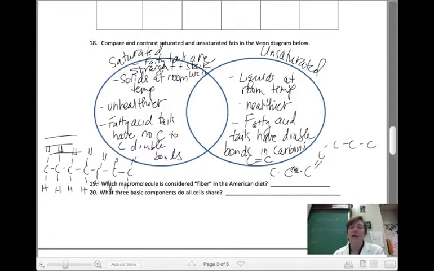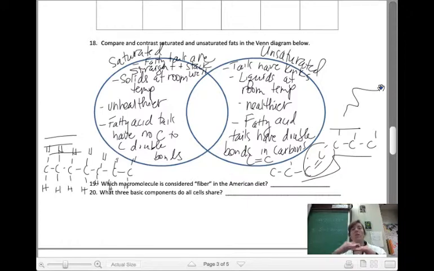And there would be hydrogens off of the ones that don't have the double bond, but that means that the tails do not lie flat. So tails have kinks. And they don't lie flat, and that means I can't really stack them very well because they have these weird shapes. And that means that they don't get compacted into your arterial walls and they move through more quickly and don't accumulate, so they don't promote heart disease like saturated fats do. So that's why we say that they are better for you than saturated fats.